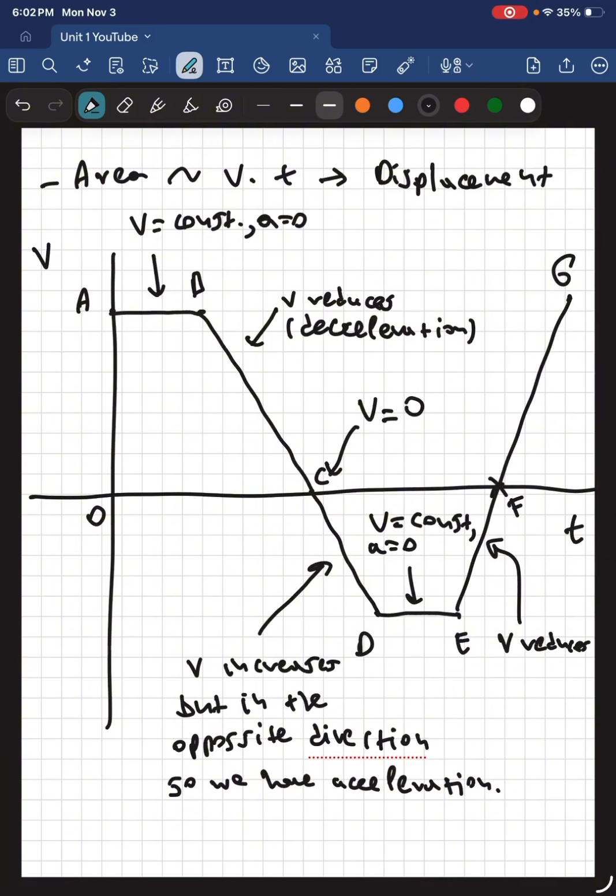So V reduces, still moving in the opposite direction. I'm gonna show that schematically in a moment. So V reduces in the opposite direction. So we have deceleration. Okay, and then from F to G, that's a simple accelerated motion. So we have acceleration in the forward direction, in the sense that the velocity is positive, okay?